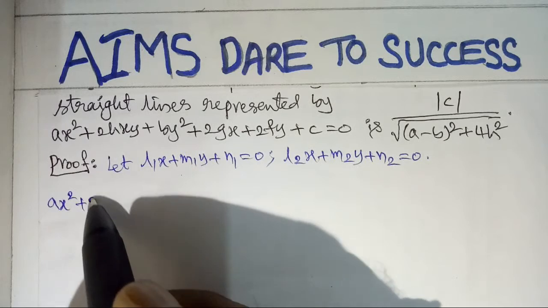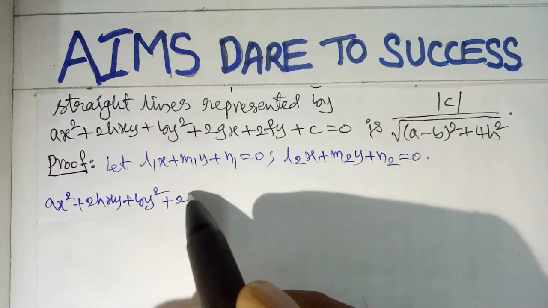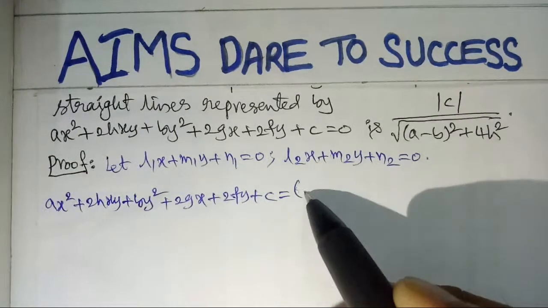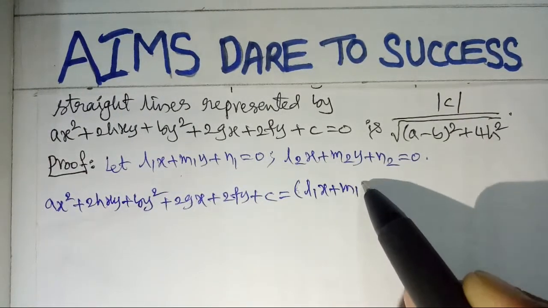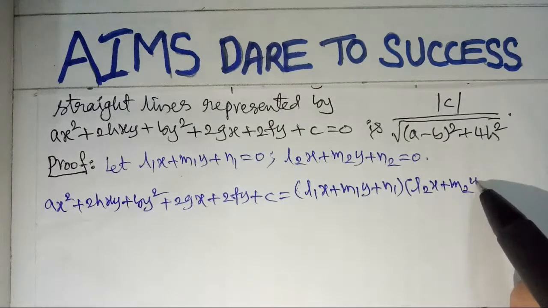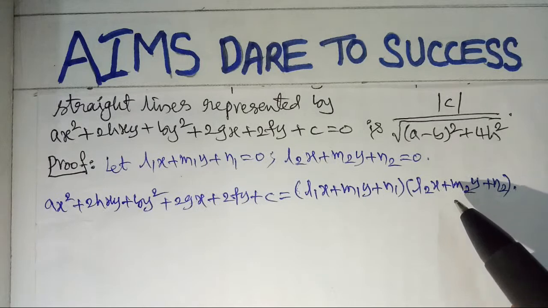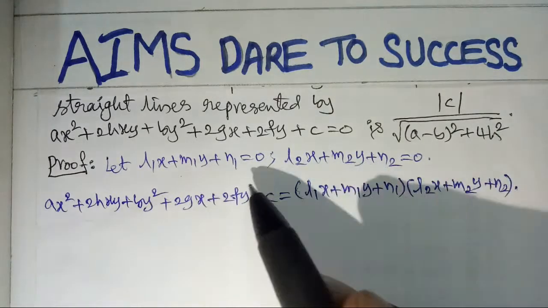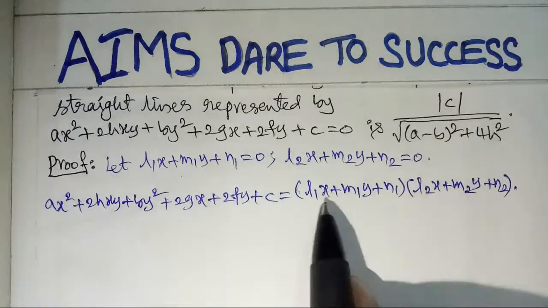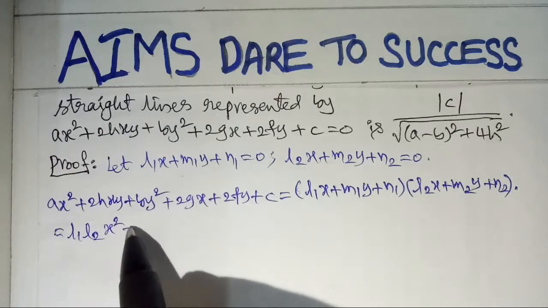Consider ax² + 2hxy + by² + 2gx + 2fy + c = (L1x + m1y + n1)(L2x + m2y + n2). Okay, the only consideration is like this: these two are the pair of straight lines, and the remaining procedure will be the same. Now normal multiplication. L1 into L2, x into x, x².